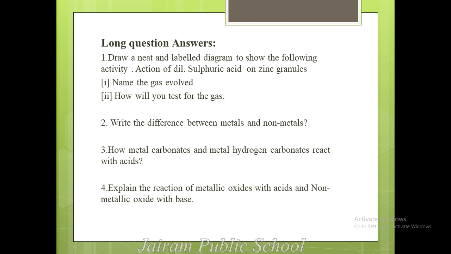Calcium hydroxide, which is a base, reacts with the carbon dioxide to produce salt as well as water, that is calcium hydroxide Ca(OH)2 plus carbon dioxide gas, that gives CaCO3, white precipitate, plus water.